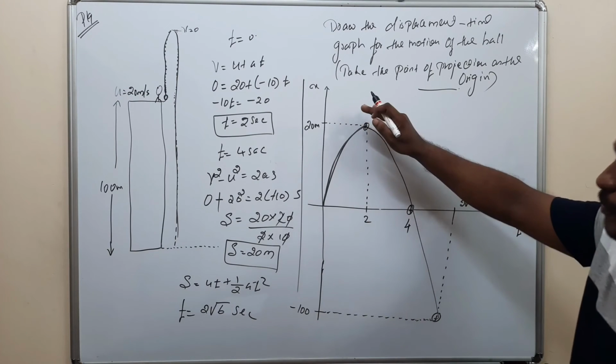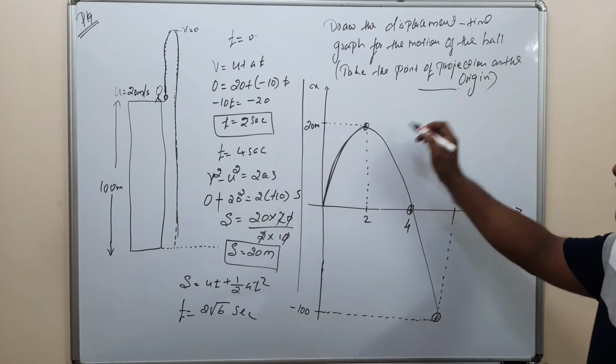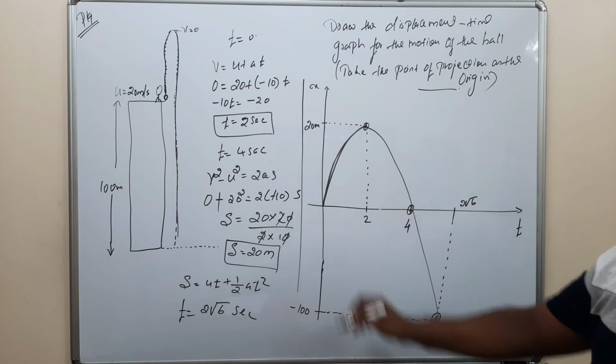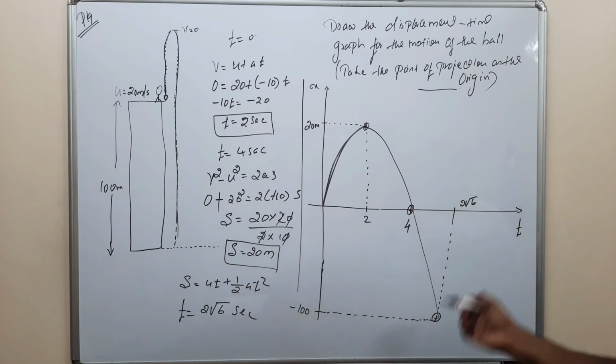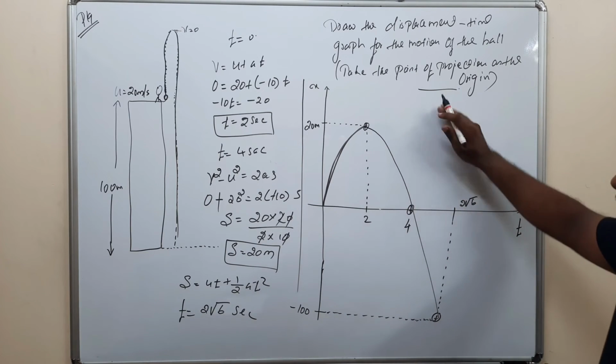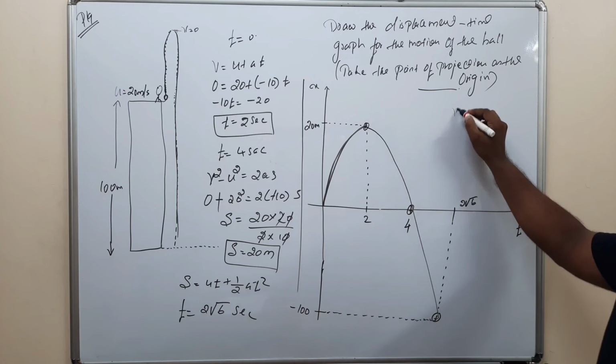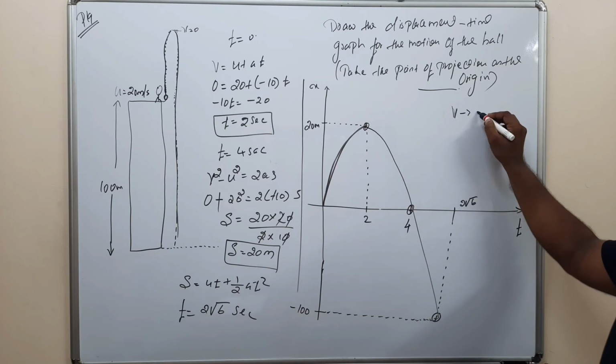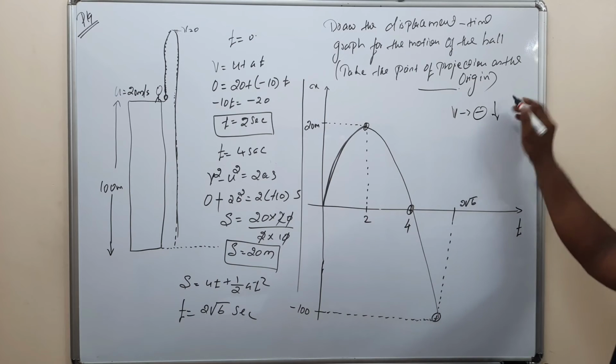Here the velocity is positive, that is, if you draw the tangent, it is less than 90 degrees, so we get positive velocity. Here, if you draw the tangent, the velocity is negative, increasing.